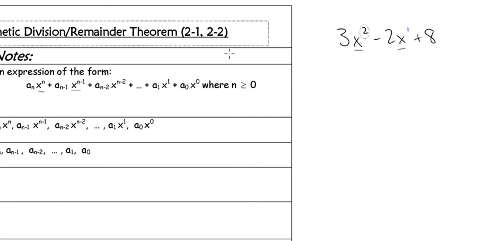Keeps on going until we get to, so actually that would be this one right here, because that's x to the first. And then after that, x to the 0, if you want to think of this as x to the 0 right here, you could do that, because what is anything to the 0 power? Well, it's just 1, and 1 times 8, that's 8. And there we go. That's your constant on the end.